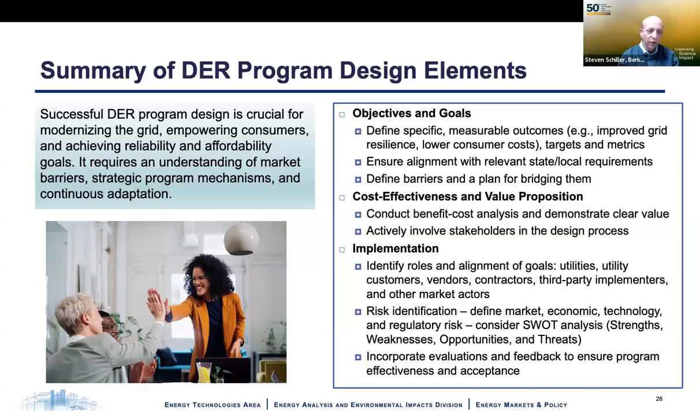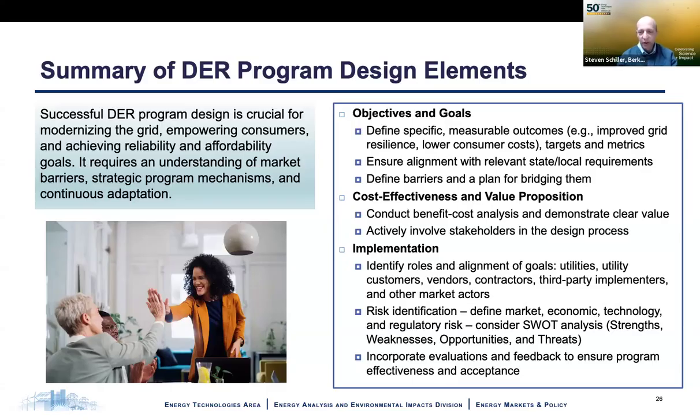That requires an understanding of the market barriers, the mechanisms, and the tools available, and encouraging the continuous adaptation of these programs to meet changing needs as they occur. So you want a set of objectives and goals.